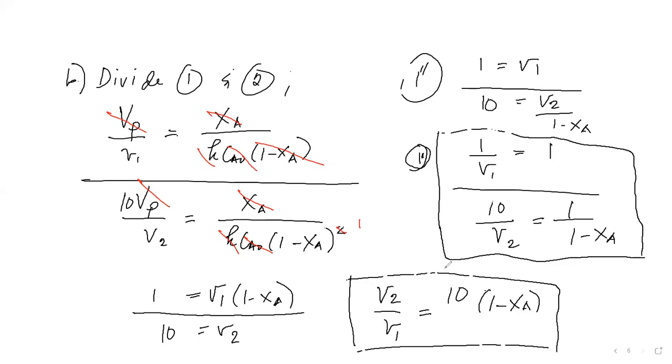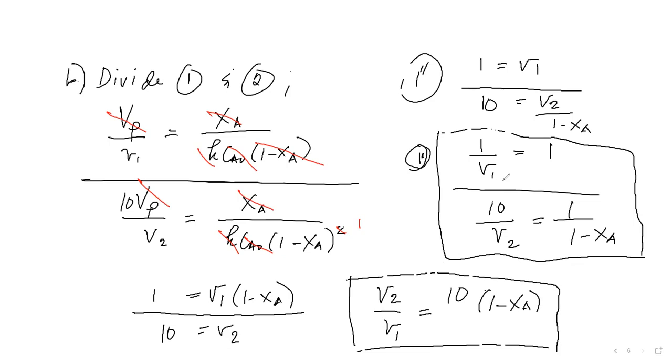If you come to think of it, there's no concentration dependent expression on the right. You don't see a CaO here, and you don't see a CbO either, because we expressed everything in terms of the component A.